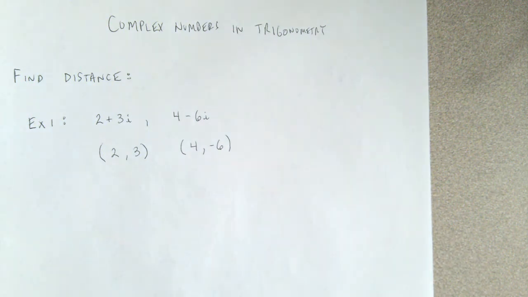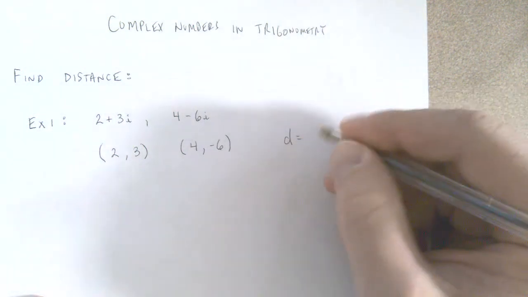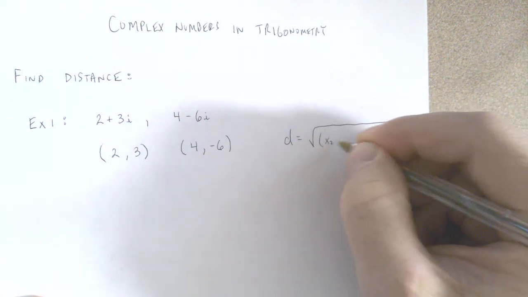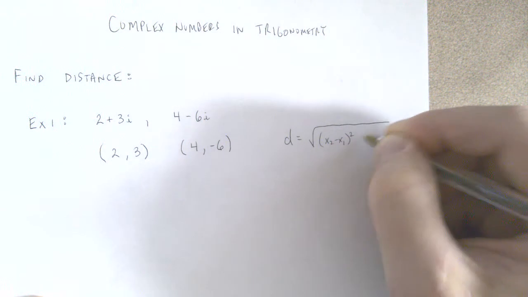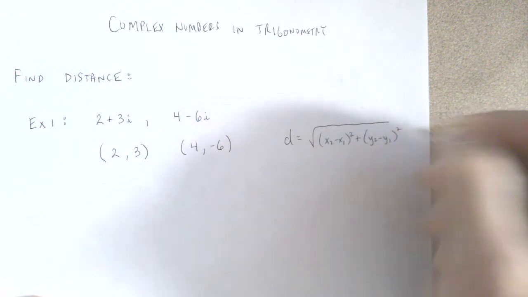Really, finding the distance is no different than what we've already done with the distance formula. We know the distance formula is simply the square root of x2 minus x1 squared plus y2 minus y1 squared.